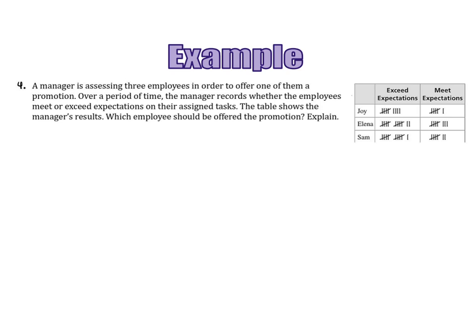So it doesn't tell you that you have to make a two-way table. It doesn't tell you that you have to check the conditional probability, but this entire section is about not just looking at the data and saying what we think. Oh, based on this, I think it should be Alina because she exceeded expectations the most. What you need to do is you need to look at those conditional probabilities.